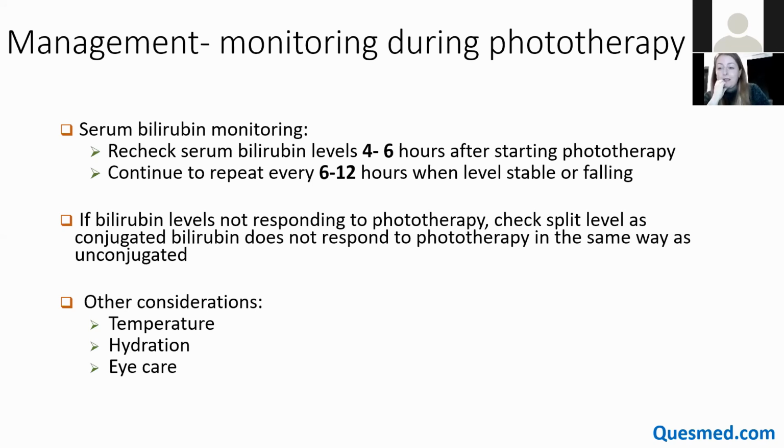Generally, I mostly saw it rechecked at 6 hours, but I'm sure if the consultant was really worried, you might recheck it in 4. And then after that initial recheck, you would continue to repeat every 6 to 12 hours once the level is stable or starting to fall. Again, I usually saw it checked about 8 hours, but it would depend on how worried the consultant is about the baby.